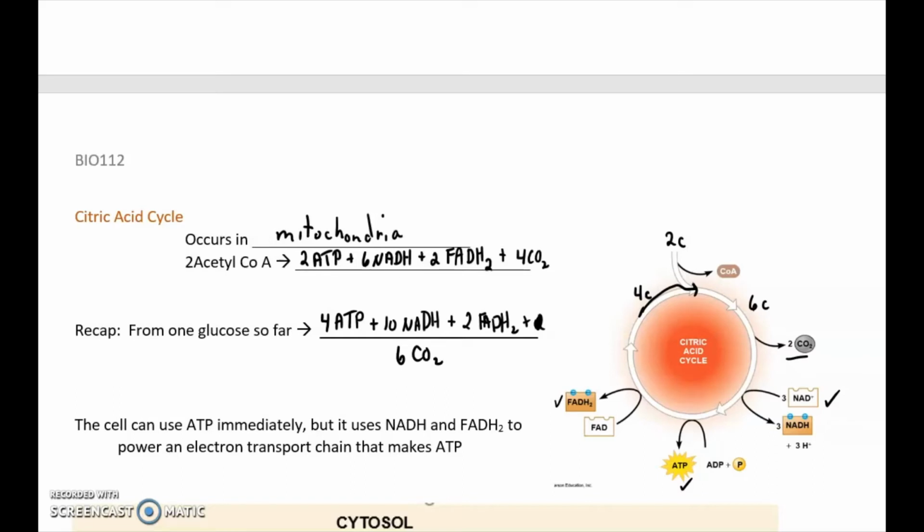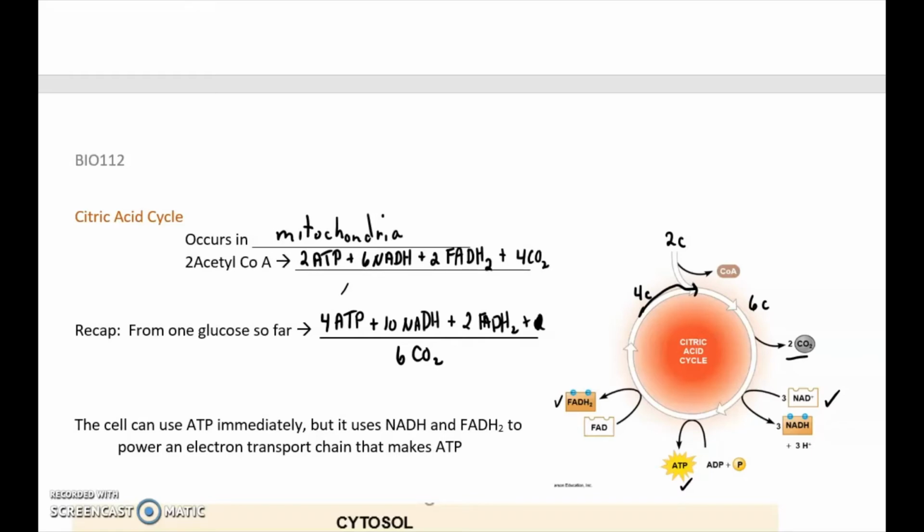So the cell can use the ATP immediately. I've already told you the cell uses 10 million in an active muscle cell per second. But to use the high energy molecules of NADH and FADH2, we're going to have to use an additional step, an electron transport chain, to make ATP.